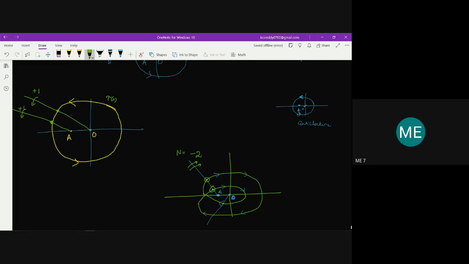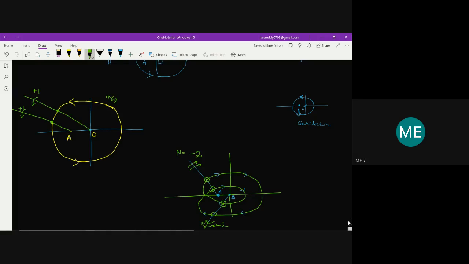Similarly, this point as well as this point are also in clockwise direction only. Clockwise means negative, and the number of directions counted is 2. So it will become n is equal to -2 for A and O as well.